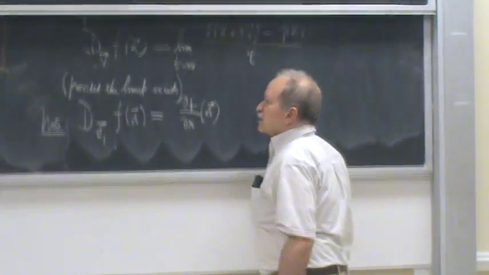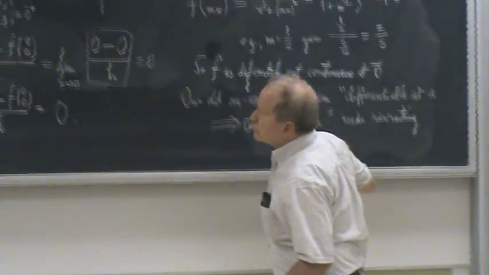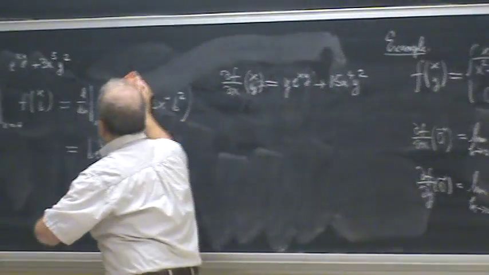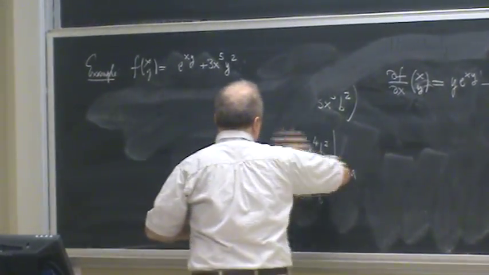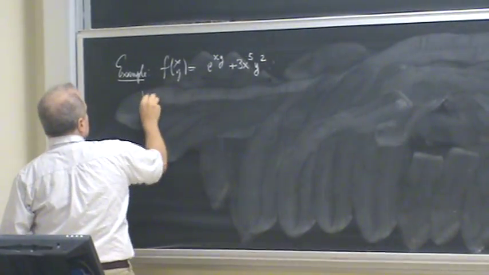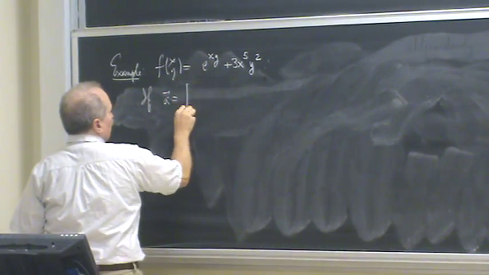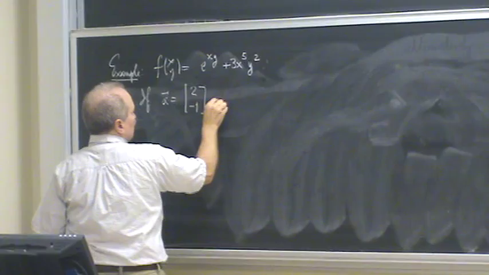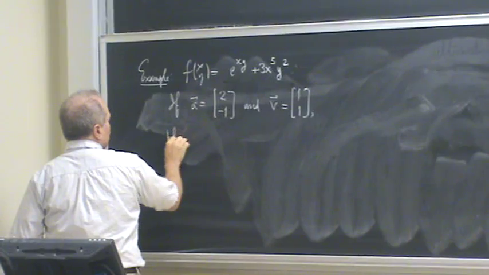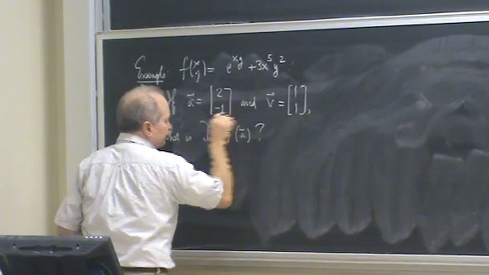So let's go back to our example. Let's go back to this example, conveniently still sitting here. And let's ask, if A is the point 2, -1, and V is the vector 1, 1, what is the directional derivative in the direction of V of f at A?